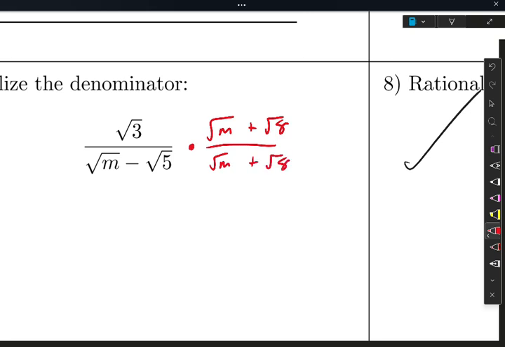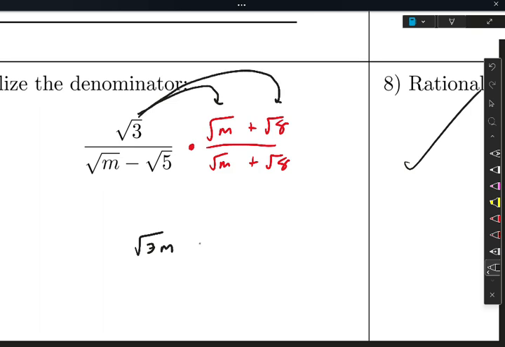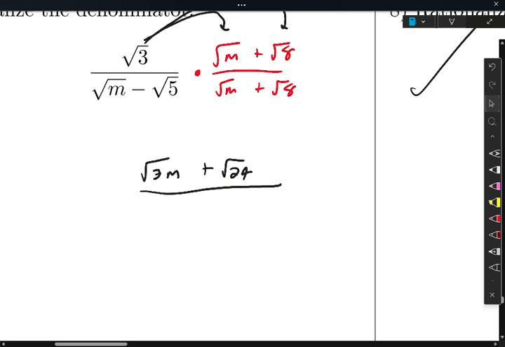Okay, this is going to give me root 3 times root m is going to be root 3m. Root 3 times root 8 is going to be root 24, okay? And we'll simplify that in a minute. Then root m times root m is just going to be m.